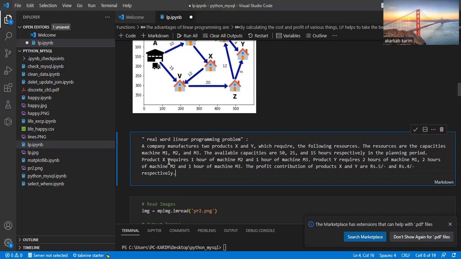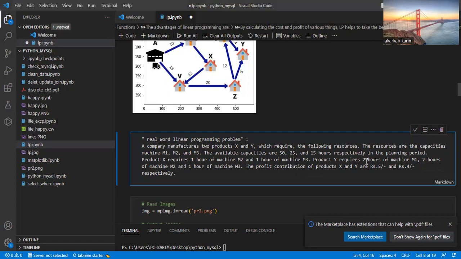The planning period product X required: to manufacture this X product requires 1 hour of machine M1 and 1 hour of machine M3. To produce Y requires 2 hours of machine M1 and 2 hours of machine M2 and 1 hour of machine M3. So to manufacture this product Y, we need to work on 3 machines.